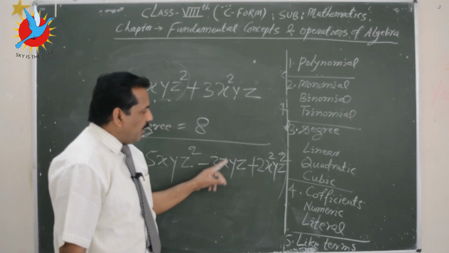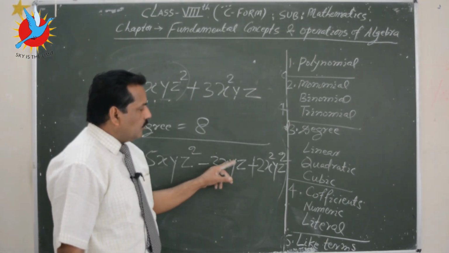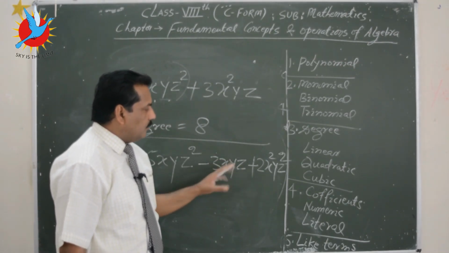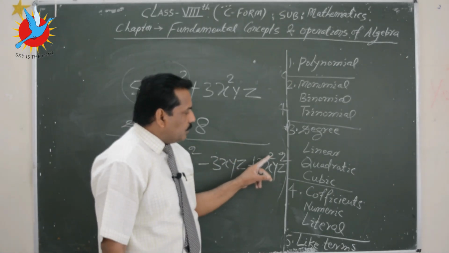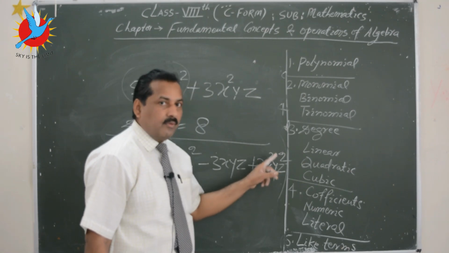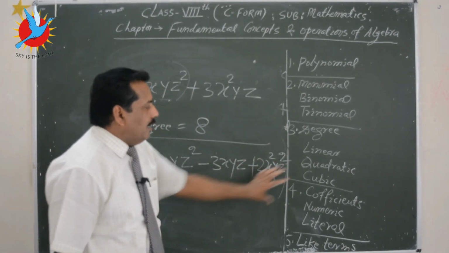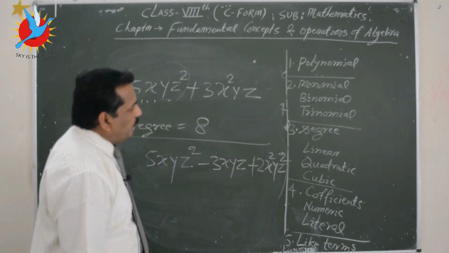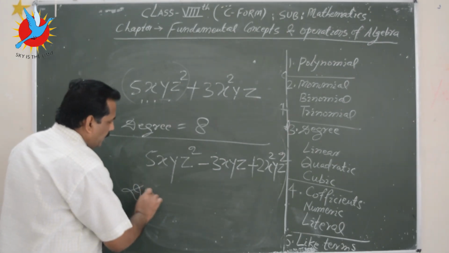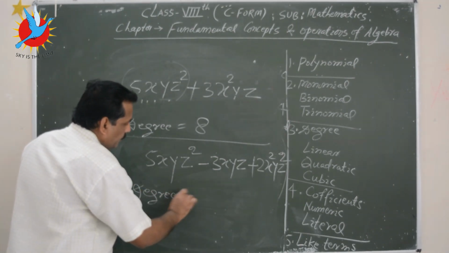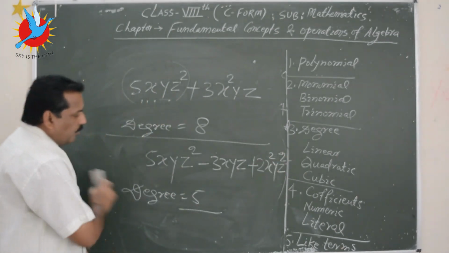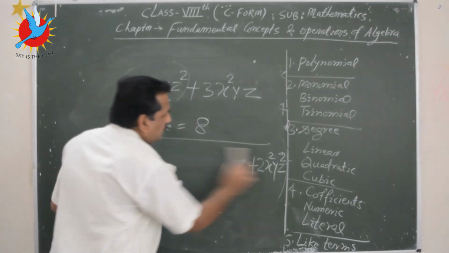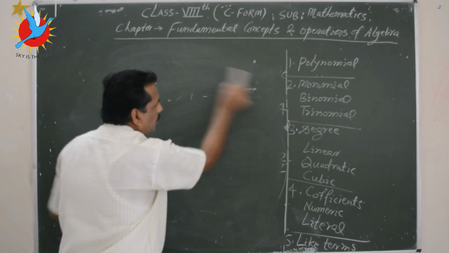Then 1, 2, 1, 1, 2 and 1, 3. So this is 4, this is 3. What about this one? 2 and 2, 4 and 1, 5. So this is the highest sum of powers. So here we can write degree equal to 5. I hope at this stage you can identify the degree of a polynomial.